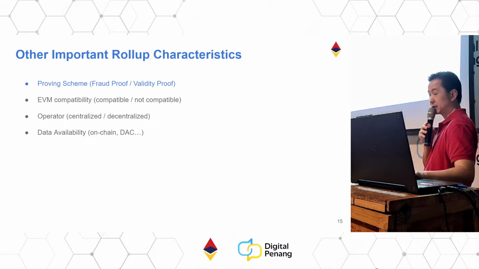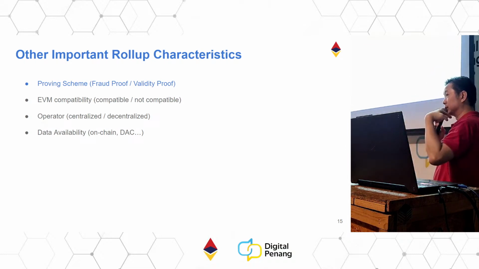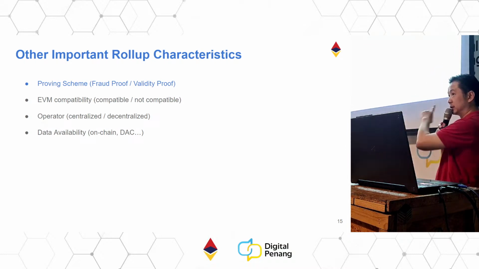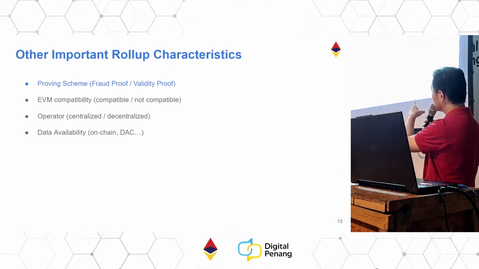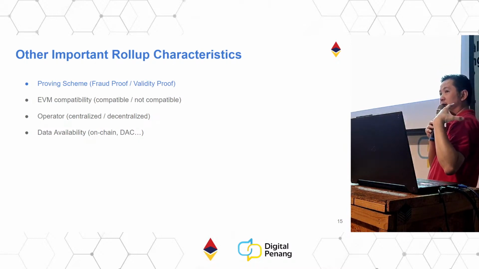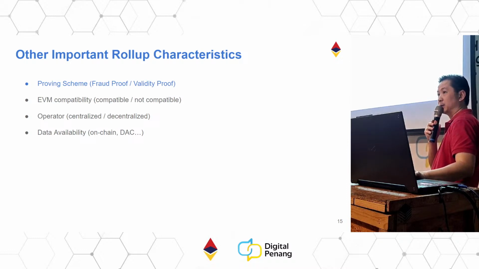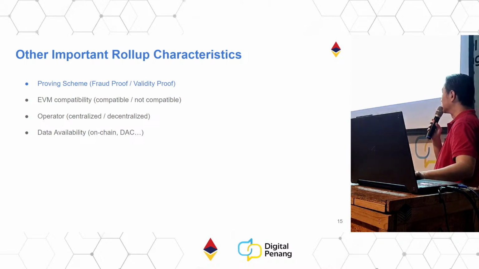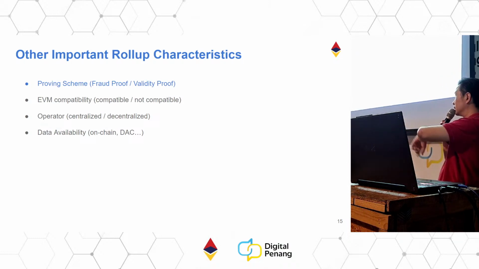So there are different choices for data availability. They can post the data to Ethereum, which is what I showed just now. Data gets stored in Ethereum. And there are also other choices, like you can choose another off-chain solution, like Celestia, where you can post the data over there, and you can use a DAC.